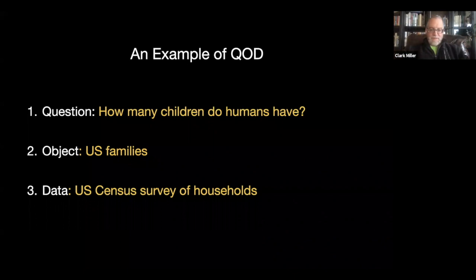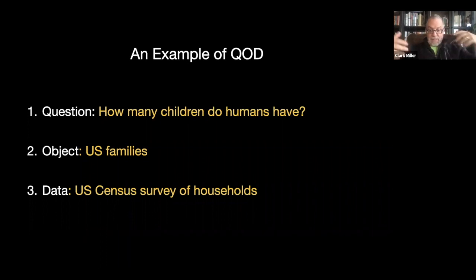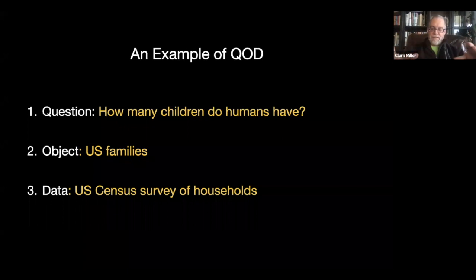So they have a particular definition of household, they have a particular definition of children, and they collect a bunch of data, and so we could use that data to begin answering questions about how many children U.S. households have, which begins to orient us a little bit around a QOD constellation, right?